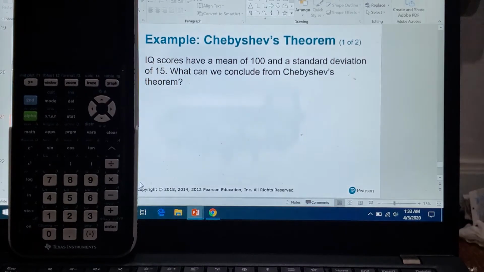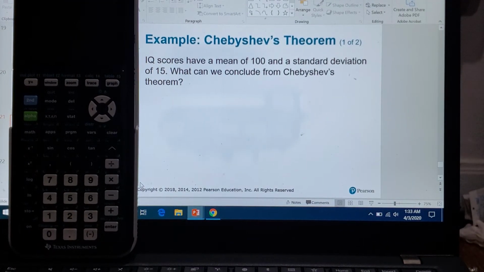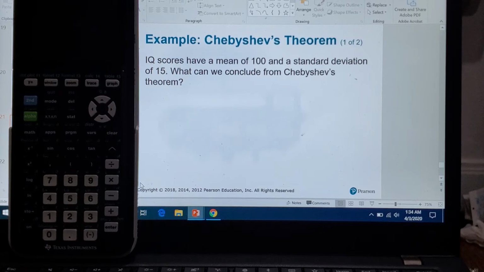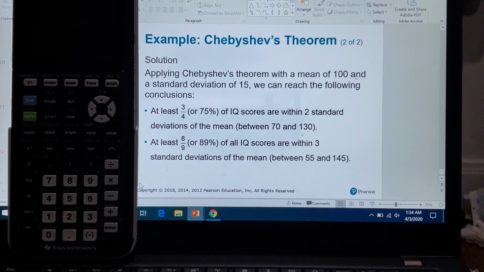So if we're doing a similar example, let's say we did not know if the distribution was bell-shaped. But we did know that our mean was 100 and our standard deviation was 15 still. What can you conclude from Chebyshev's theorem?